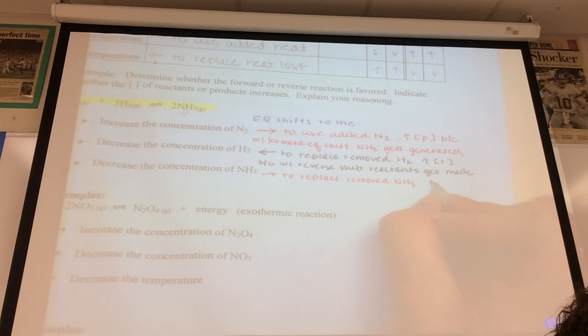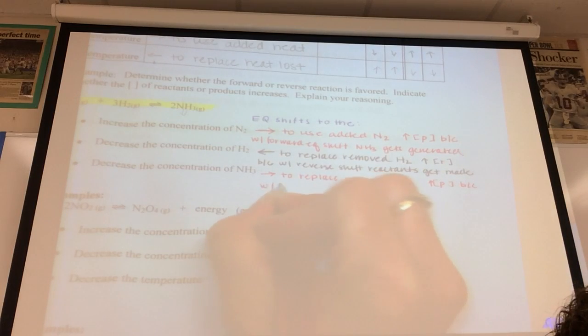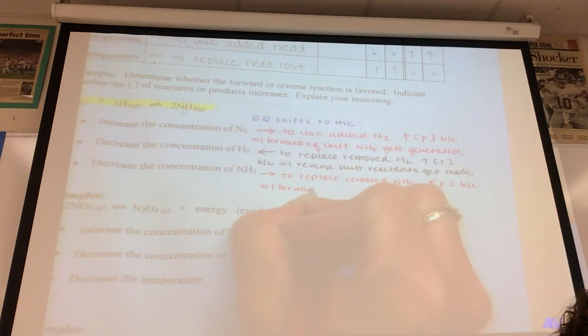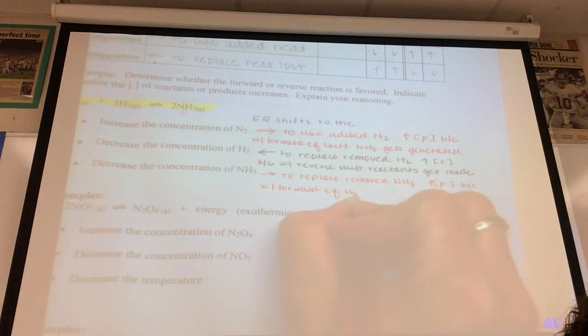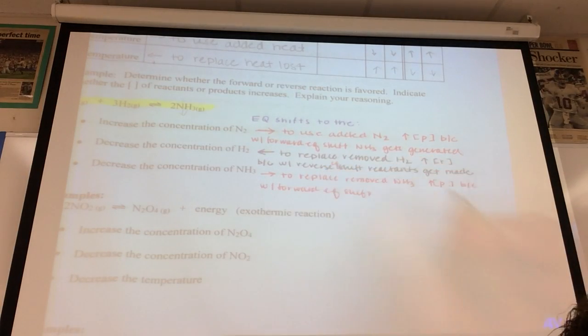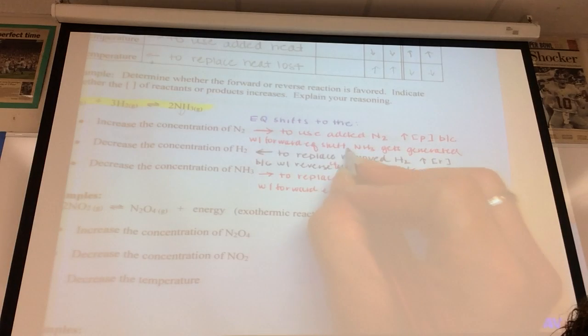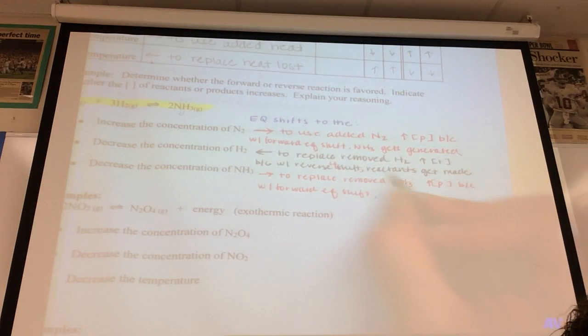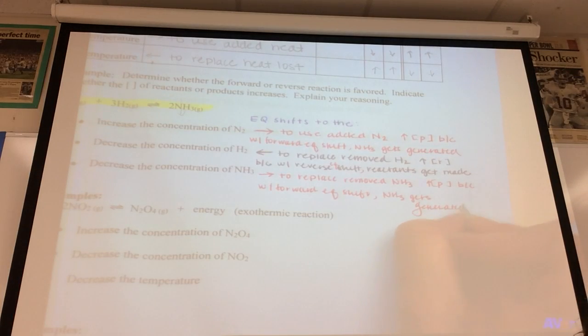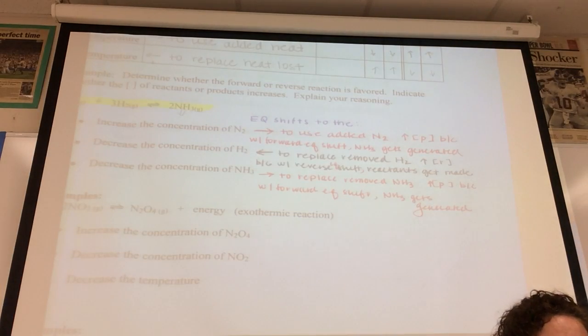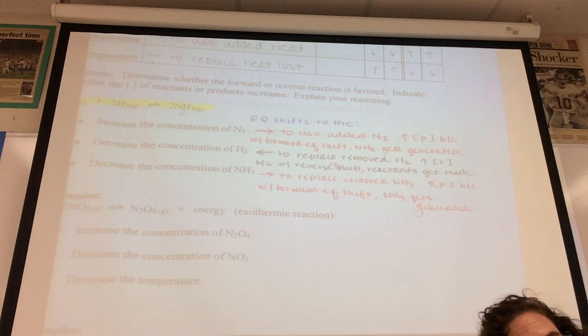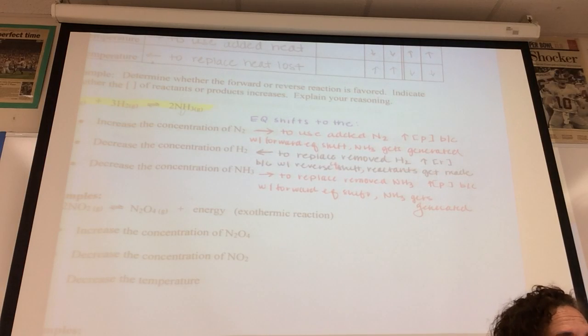So we're going to increase product concentration because with forward equilibrium shift, I probably should say equilibrium there too, ammonia gets generated. It's not so bad. It's kind of fun.